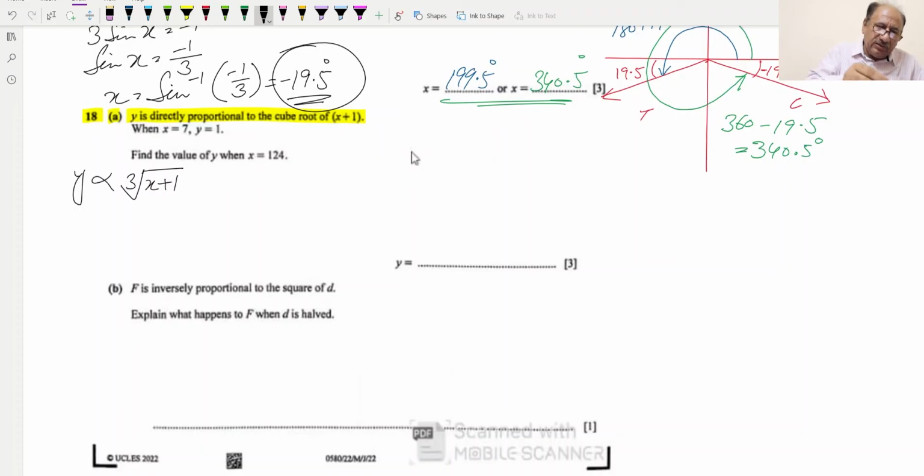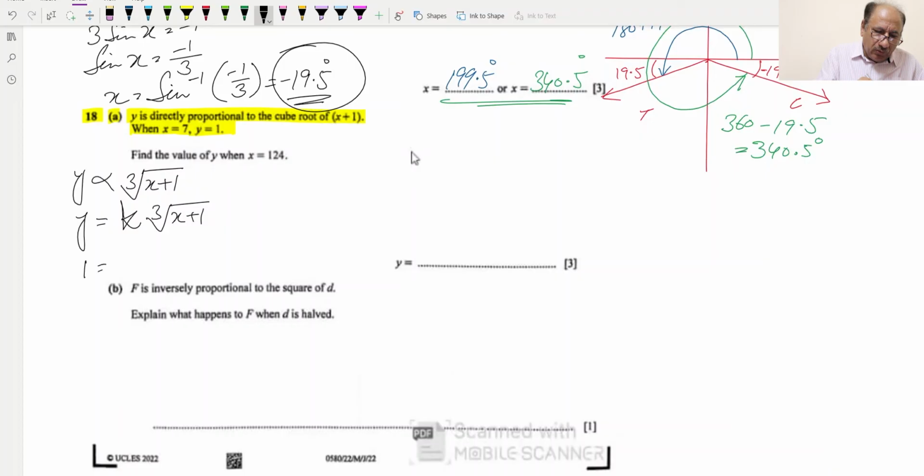This is the meaning of the sentence. Now we can rewrite it as y is equal to k, where k is the constant of proportionality, into the cube root of x plus 1. Now they are saying that when x is equal to 7, y is equal to 1, so we will replace these values.